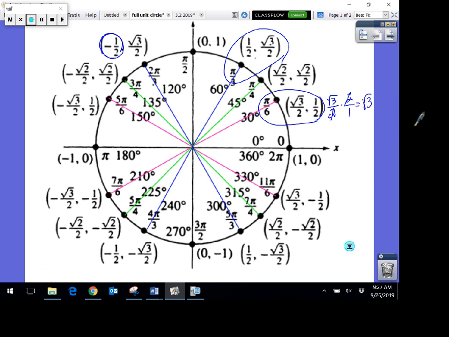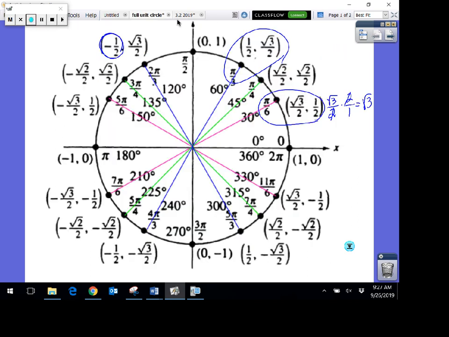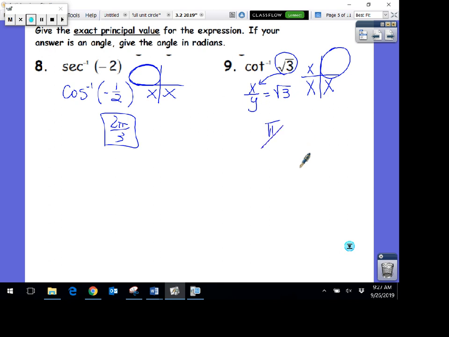You do not have to write that down. I'm just writing it down so you see where it comes from. So √3/1 does equal √3. So we found where x divided by y equals √3, and that was at π/6. So there's your answer, π/6. Remember, there are not two answers to any of these.